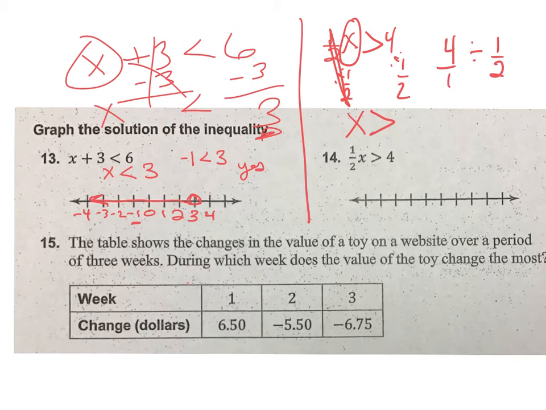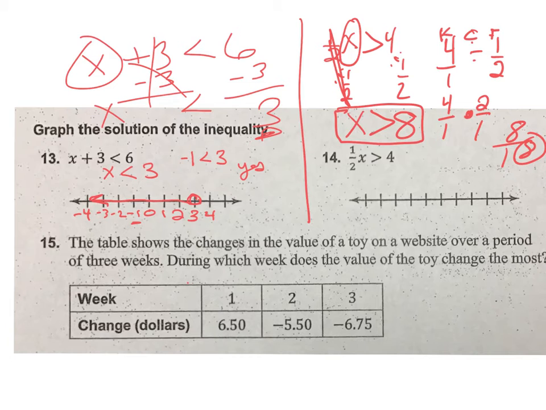Make that into a fraction, and then I do keep, change, flip. So 4 over 1, change to be multiplication, and flip that, and it gets me 4 times 2 is 8 over 1, which is the same as 8. So my answer is x is greater than 8.